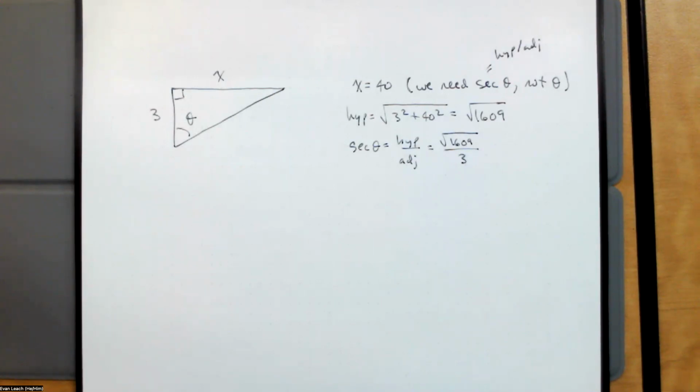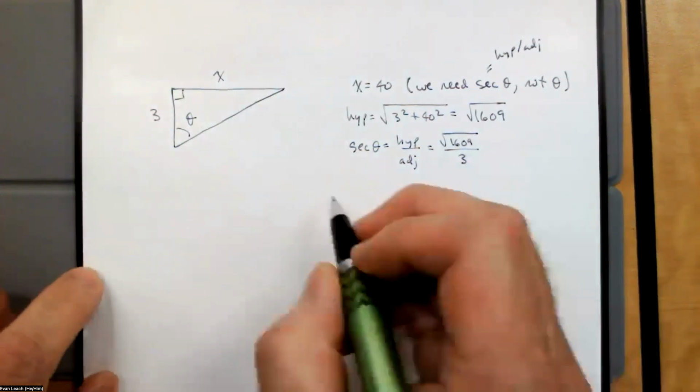We could use this to figure out what theta is, but we actually don't care what theta is. We just care about the secant of theta because we're trying to calculate d theta dt.